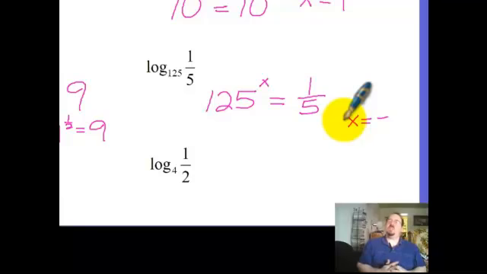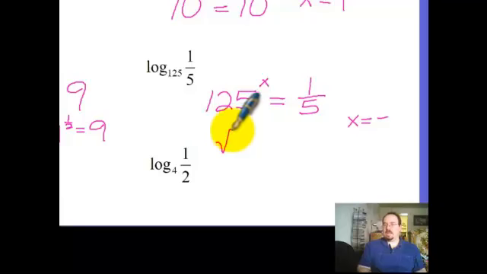But then I also need to change 125 into 5 after I flipped it. So I think to do that, square rooting 125 is not going to work. But if I cube rooted 125, I think that would give me 5. So how do you cube root with an exponent? Well, the exponent must have been 1/3.